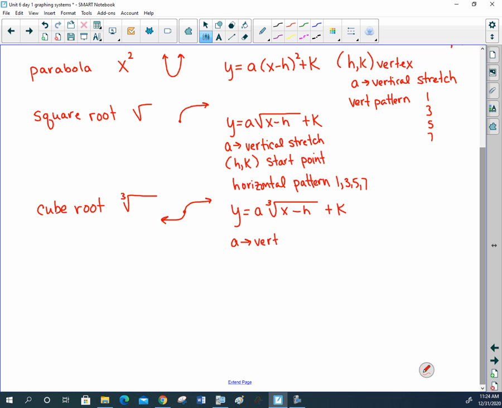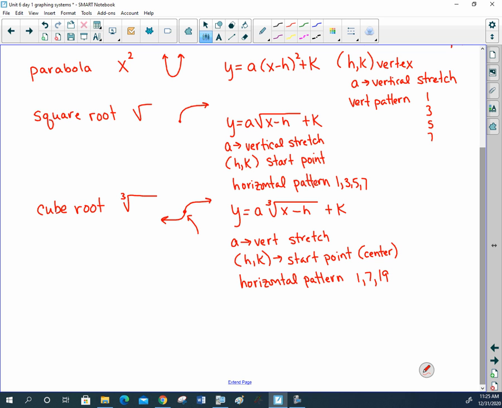A always affects the vertical pattern. And then HK is what I call the start point, but it's kind of like the center point. We start there to do our counting, but it's in the center because it's this point right here. That's your HK. And this one had a horizontal pattern of 1, 7, 19. We never got to the 19. We always just did the 1 and the 7.